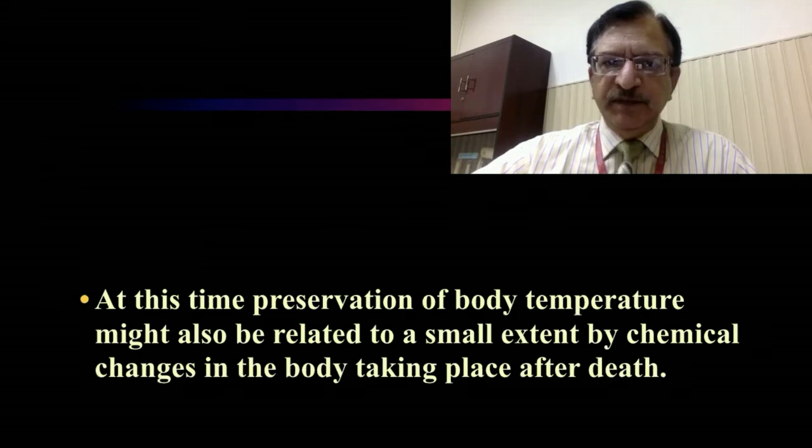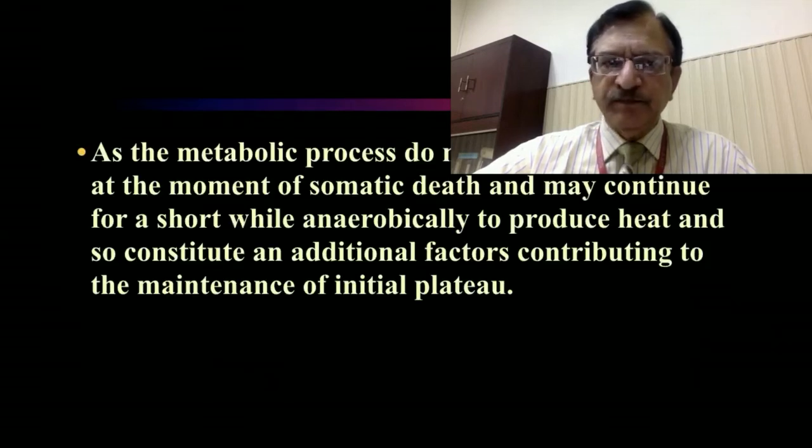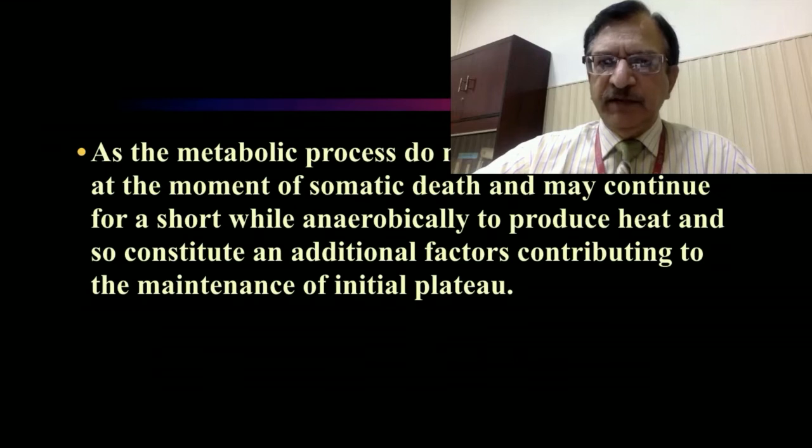At this time, the preservation of the body temperature might also be related, to a small extent, to the chemical changes taking place in the body. And what are those changes? Normally, when the person is alive, the metabolic processes go on aerobically, that is, oxygen is present.